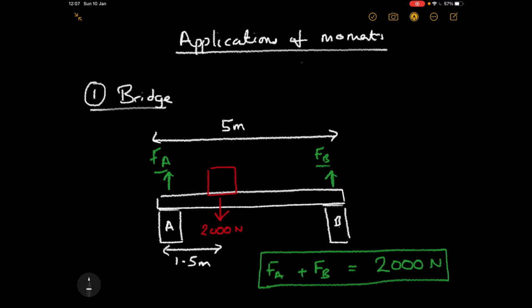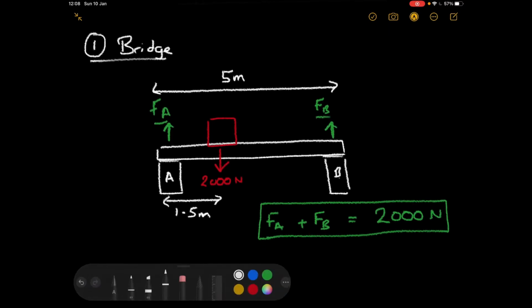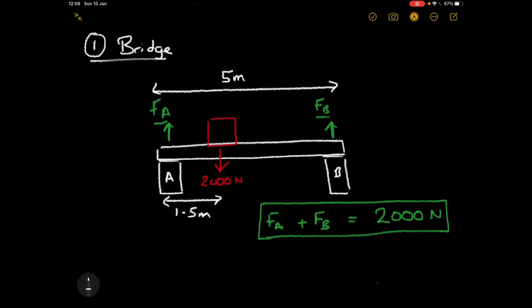So our object is 1.5 meters along the distance. The question is how are these two forces distributed? What is the size of the forces in both? And we can solve that problem using the principle of moments.